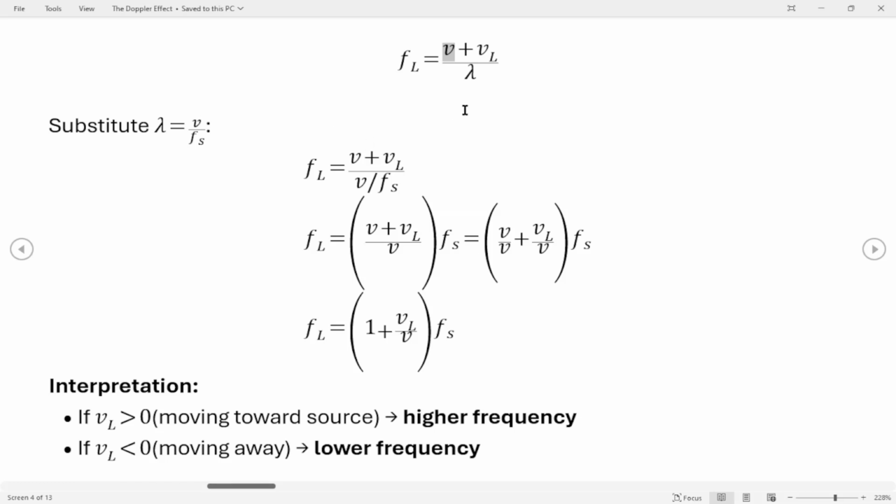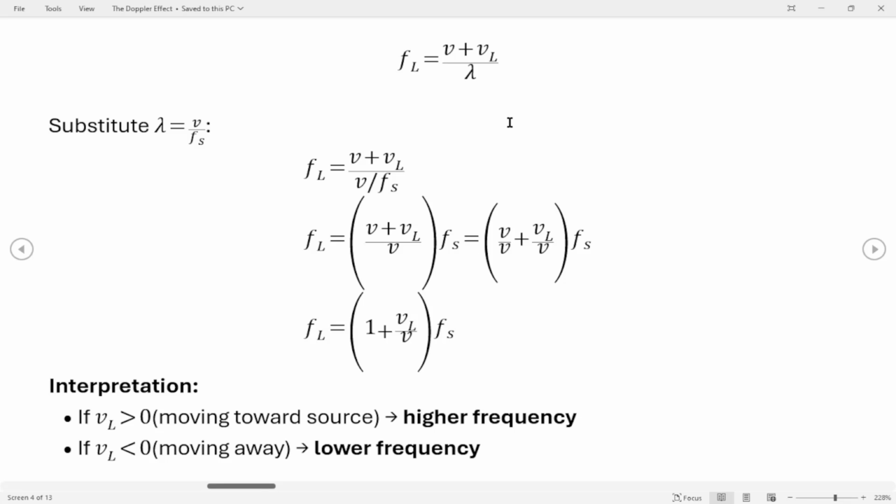However, we understand already in our previous lesson that the wavelength can be computed as the ratio of the velocity of the sound to the frequency of the sound from the source.